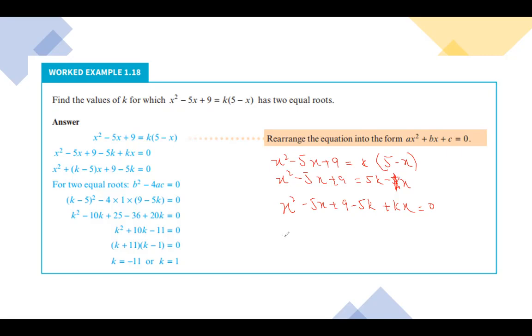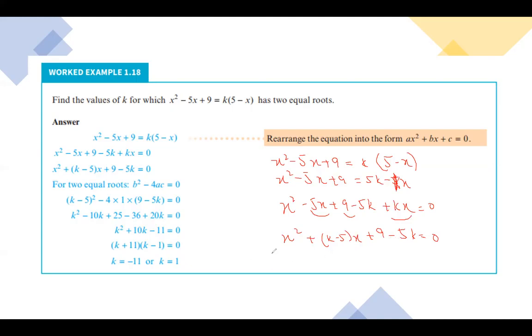Now combining the x terms, it must be x square plus k minus 5 into x plus 9 minus 5k equals 0.